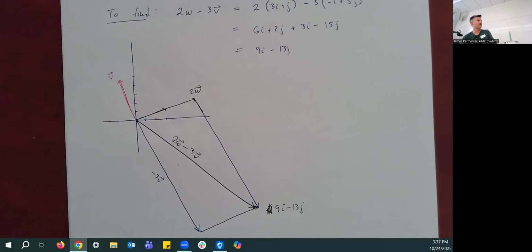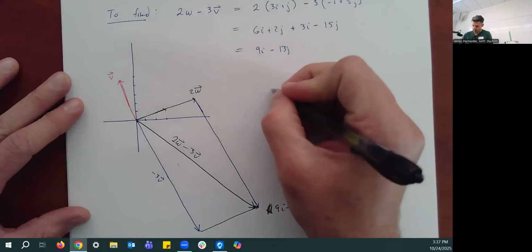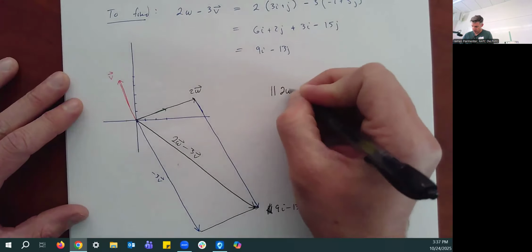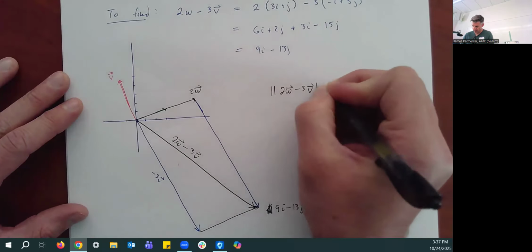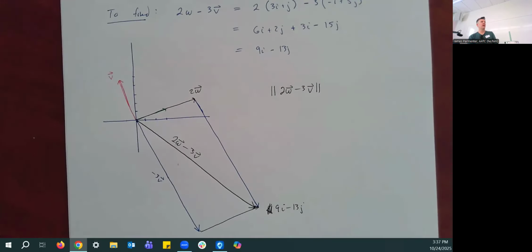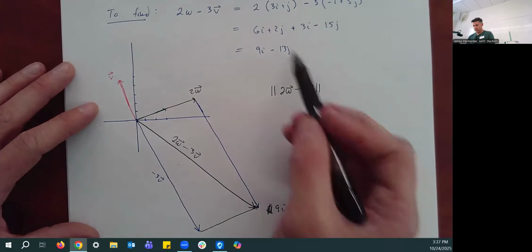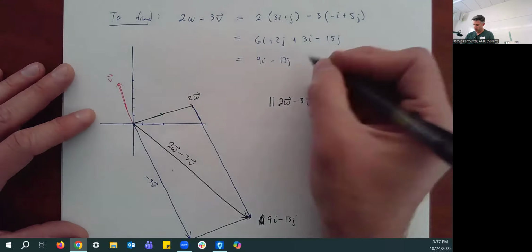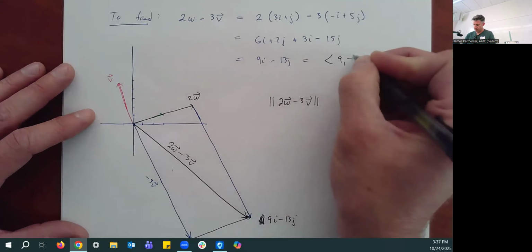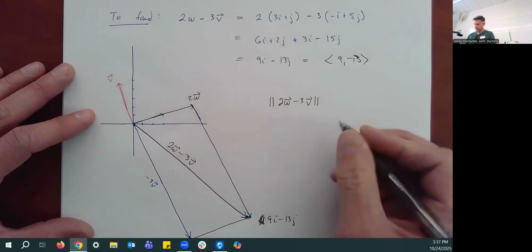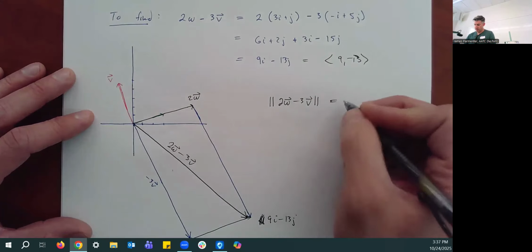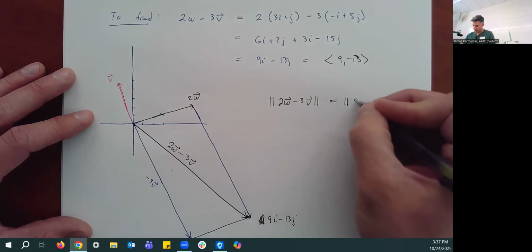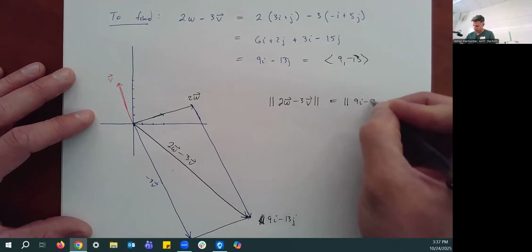What's the magnitude of that vector? That's an interesting question. If I want to find the magnitude of 2W minus 3V, you really shouldn't try to think of it separately. Do what we've already done, put it all together to get a nice simplified vector in IJ, or 9 comma negative 13 in bracket notation, and then write it as the magnitude of 9I minus 13J.